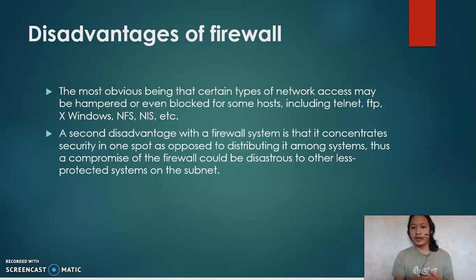For example, in gaming, the firewall is disabled so that other players can connect to you, like in Dota 2, Dota 1, or World of Warcraft.